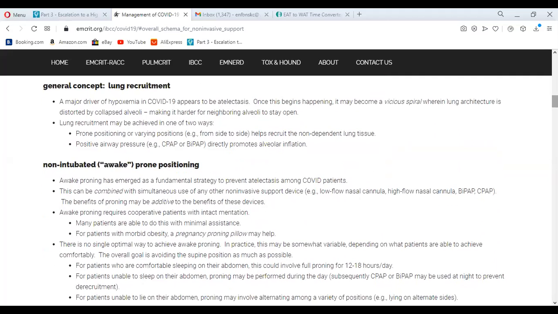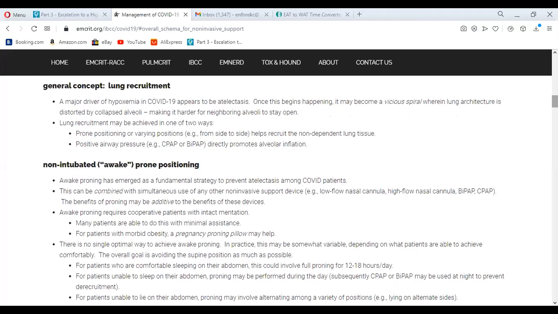Okay, so they said the general principle is that in COVID-19, the main cause of hypoxemia is atelectasis, which is lung collapse. So all we are trying to do is see how we can, first of all, prevent the patient's alveoli from collapsing, and then secondly, try to recruit those that have collapsed.